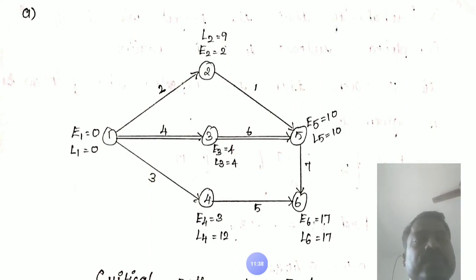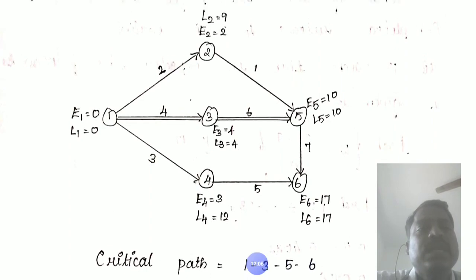Therefore the minimum of these is 0. Therefore the L1 value equals 0.